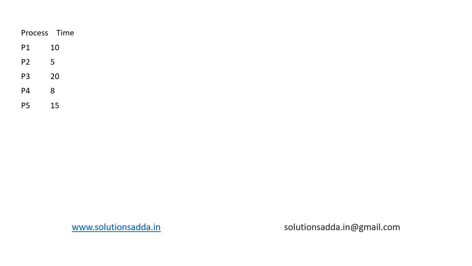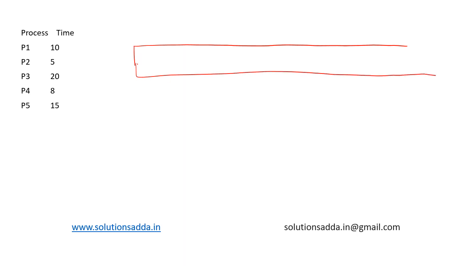So this is the process and the time associated with it. Now let's draw the Gantt chart first. So this would be the Gantt chart. Now let's write the processes.